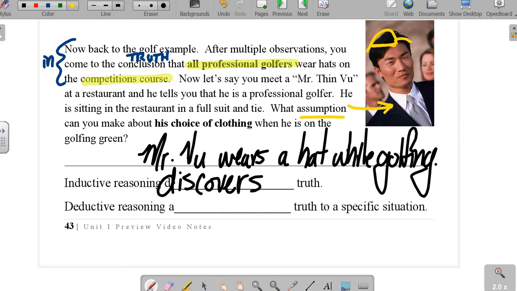Wow, that's a bad hat. Okay, that is my attempt at a baseball cap. Horrible. But anyways, even though you don't see a hat at that moment, you can deductively conclude he wears one. Deductive reasoning applies a truth to a specific situation.